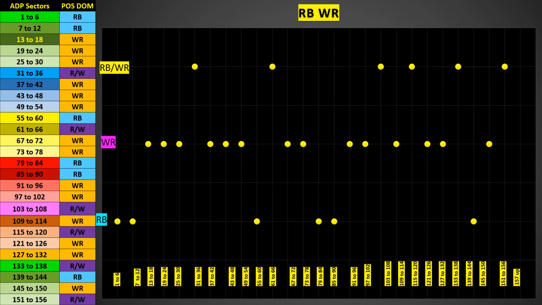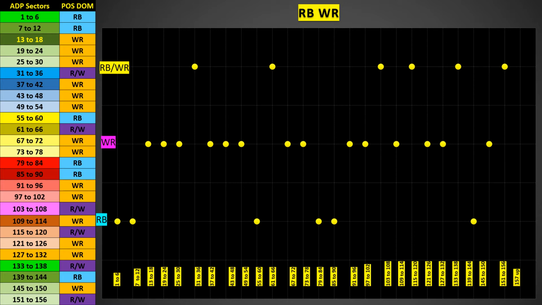And you can kind of see how that tends to stretch here. If you look, there's only 6 ADP sectors where running backs are dominant versus, what is that, 6, 8, 10, 13, 14 where wide receivers are dominating.